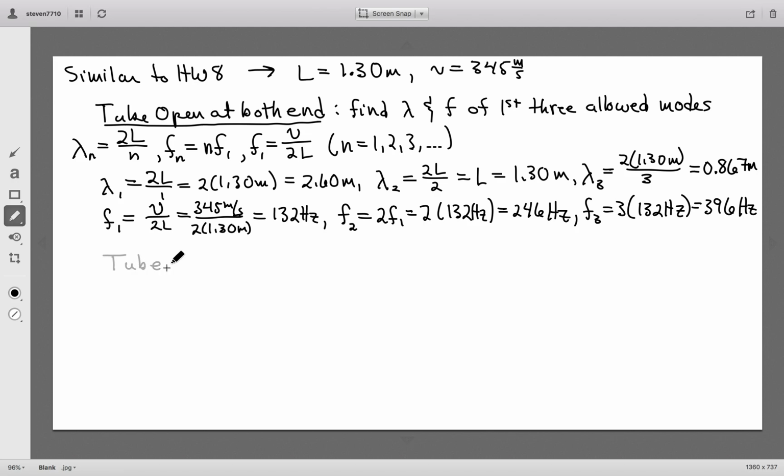How about a tube closed at one end? Well, same idea. Find the wavelength and frequency of the first 3 allowed modes.